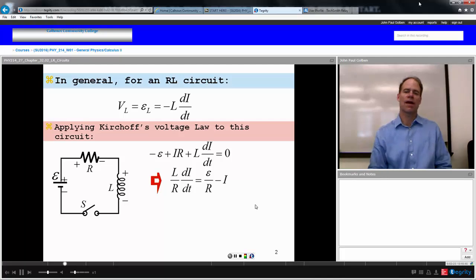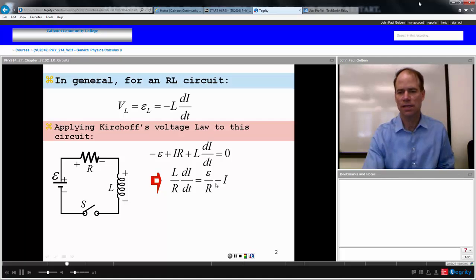So we have L divided by R times di dt is equal to the EMF divided by R minus I. L and R are constants, and so we're going to substitute in for L divided by R. Let's just call that tau. Why not? And we're going to substitute in for the voltage divided by R minus I. We're going to make a variable change.